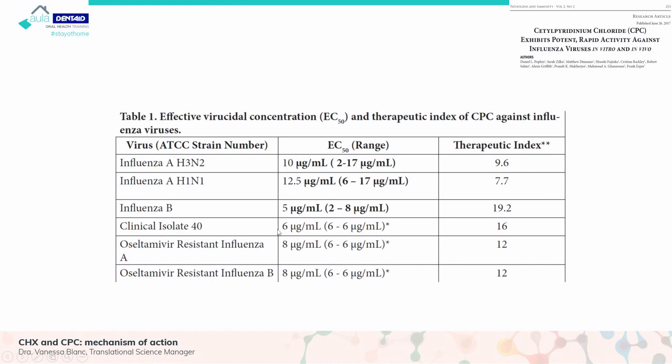So all these concentrations could eliminate up to 50% of the viral load. You have to think that in oral care, we can use up to 1,000 micrograms per milliliter of CPC. So these concentrations are really, really low and they are effective.